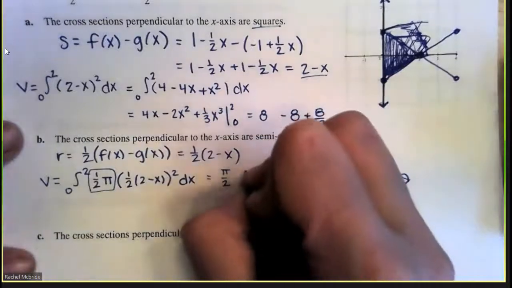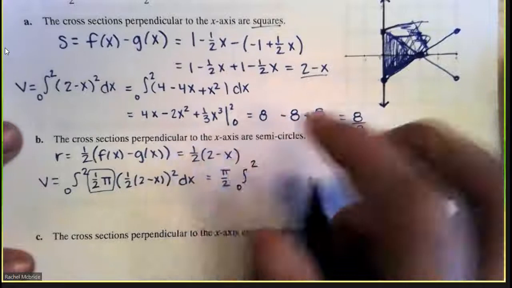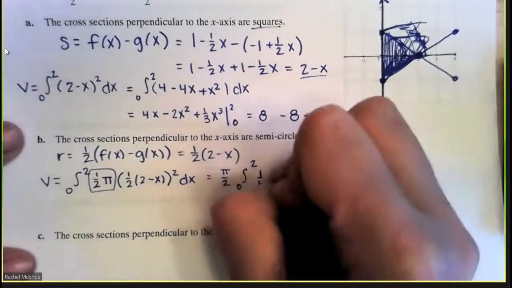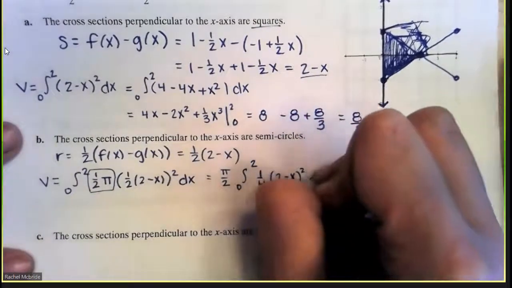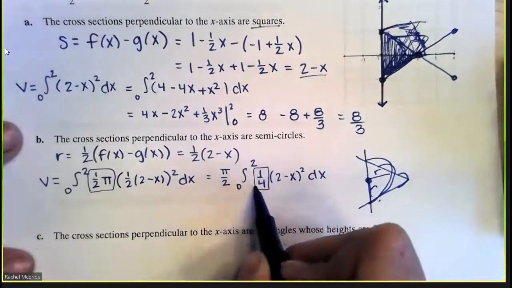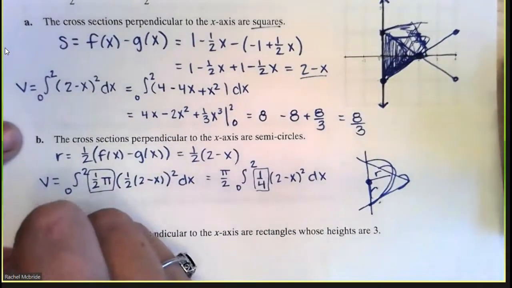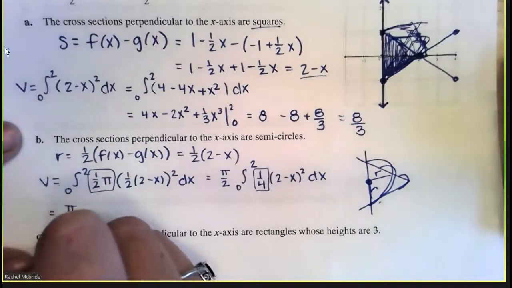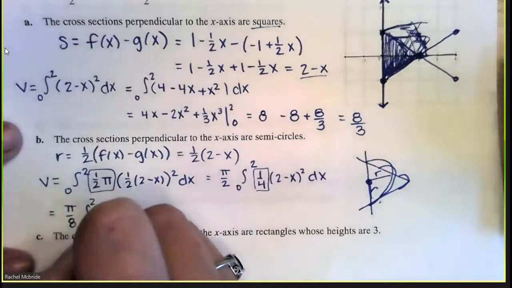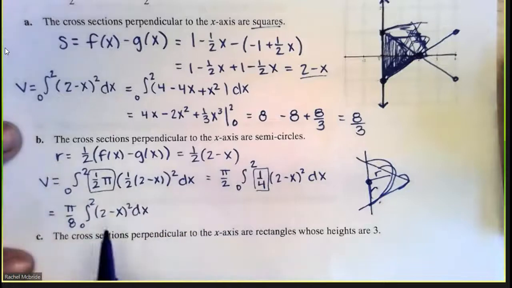So what I would do is think of it like this, 0 to 2. I'm going to distribute that so you get 1/4, 2 minus x squared dx. And then the reason I'm going to take this out, especially if I already did this problem up here, is this now becomes pi/8 from 0 to 2 of 2 minus x squared dx.